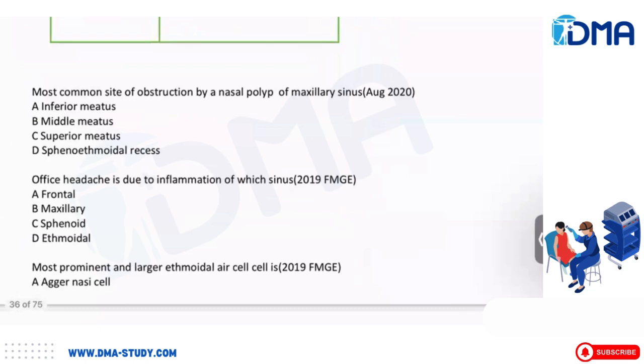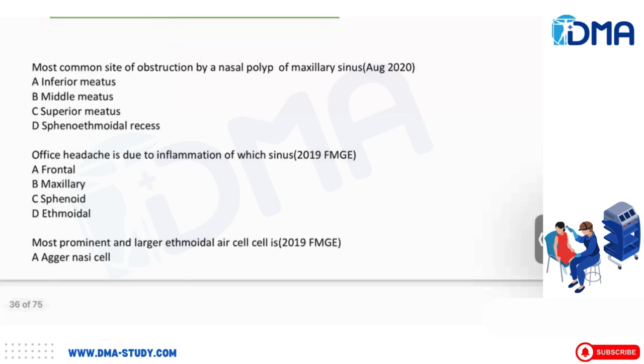So if there is a polyp from the maxillary sinus coming now, which meatus is closer to the maxillary sinus? I've already told you which meatus is closer to the maxillary sinus. Kindly answer.